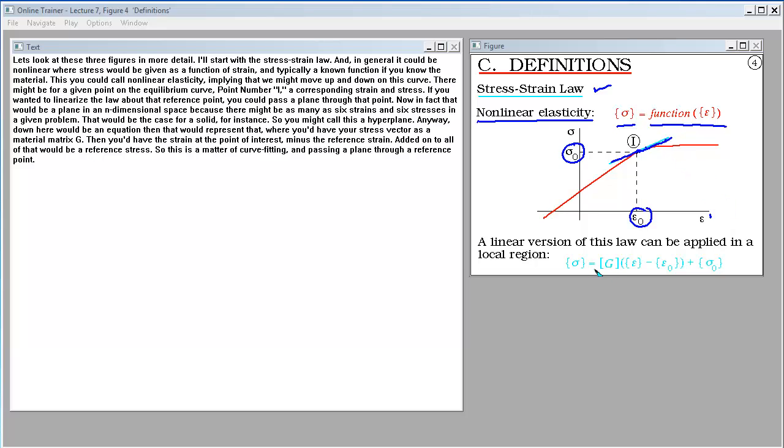Anyway, down here would be an equation that would represent that, where you'd have your stress vector as a material matrix G. Then you'd have the strain at the point of interest minus the reference strain. Added on to all of that would be a reference stress. So this is a matter of curve fitting and passing a plane through a reference point.